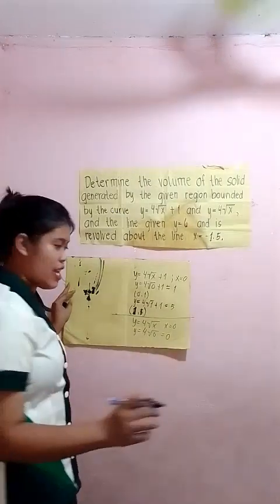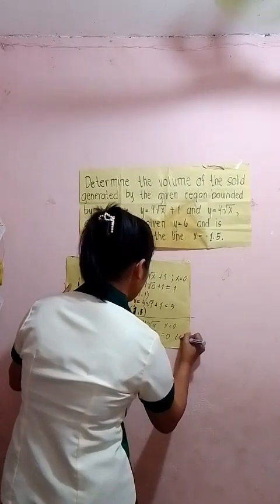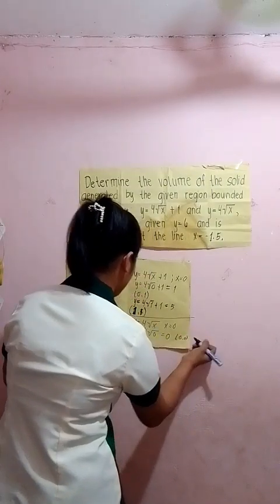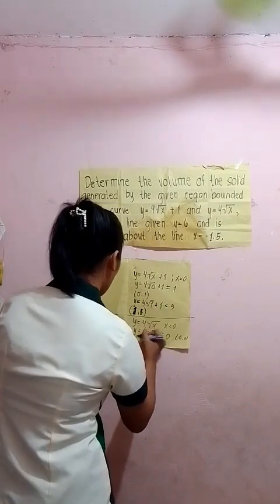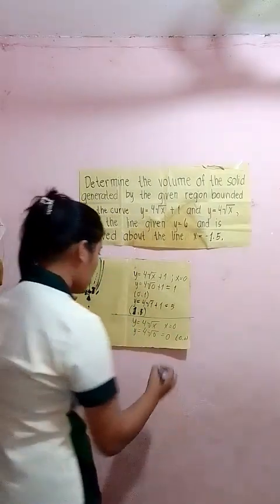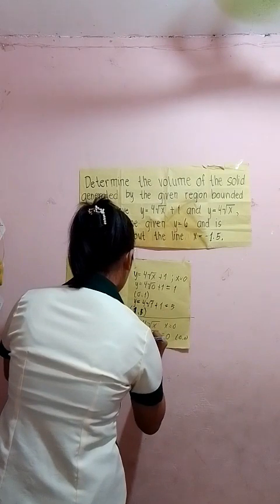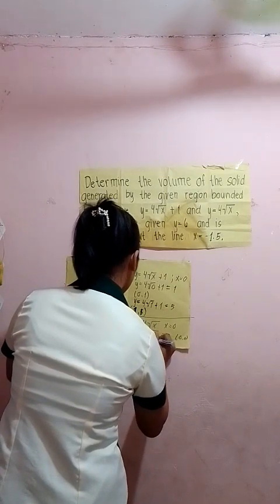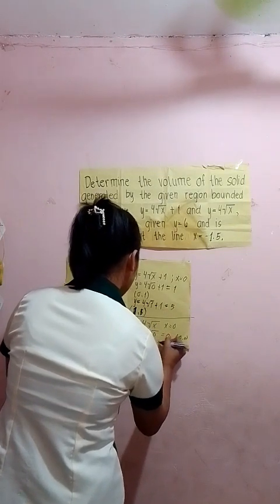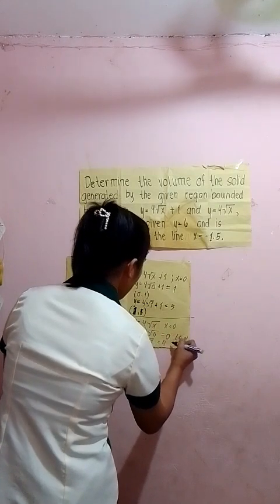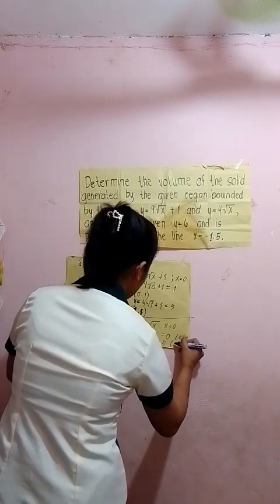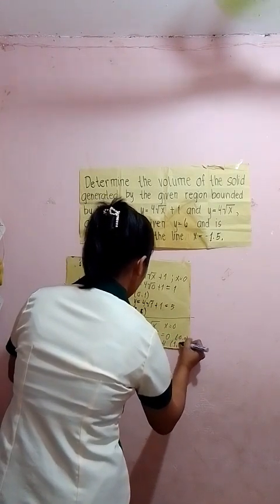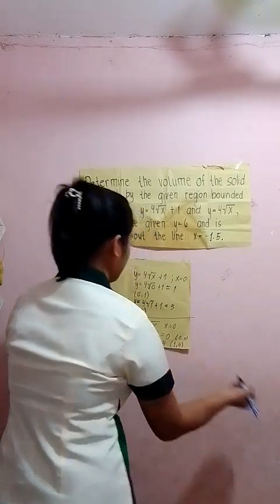So our coordinates is at the origin, 0, 0. Now, what if our x is equal to 1? Our y is equal to 4 times the square root of 1 is equal to 4. So our coordinates here is 1 and 4.